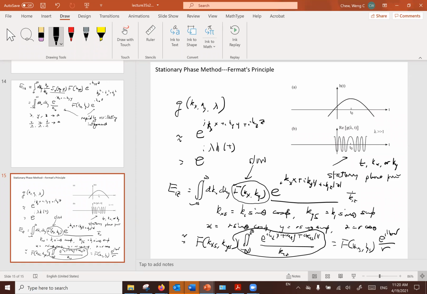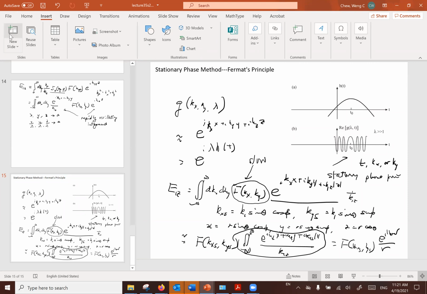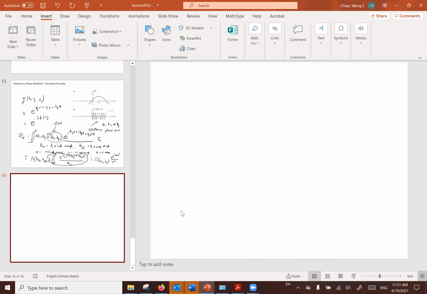So you can make this stationary phase point approximation and look at these Sommerfeld integrals and get some physics out of these integrations. I will let you read about the details in the lecture notes because I don't have time to talk about the gory details of this.